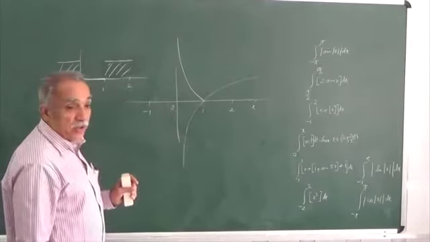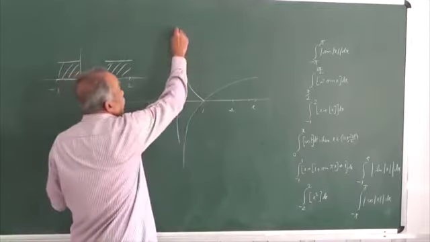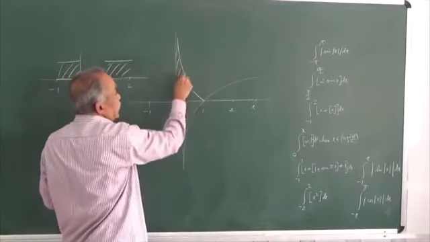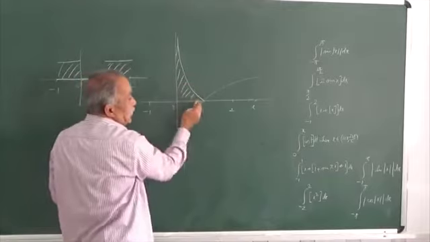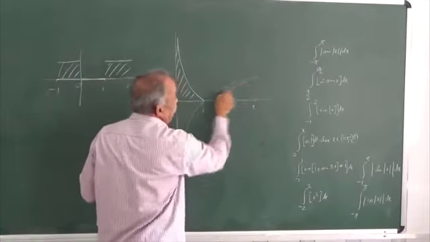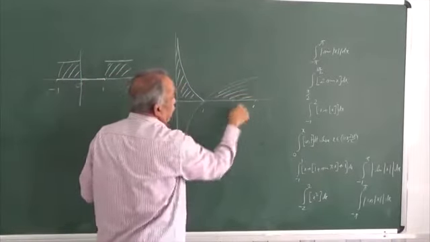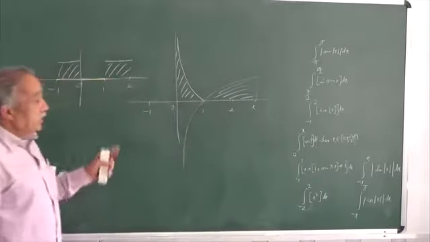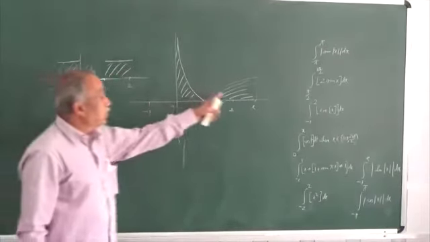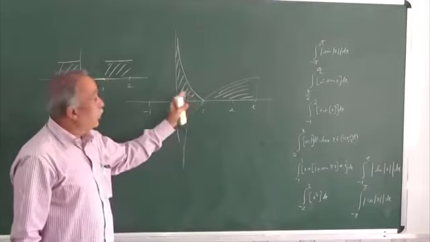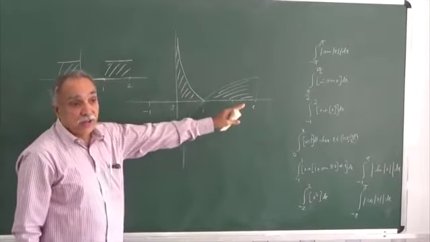On the right of 0, what we are required to find is the area bounded by this curve, the y-axis and x-axis, and the area bounded by the curve, the ordinate at e, the ordinate at 1, and the x-axis. The sum of these two areas is required as part of the integral to the right.